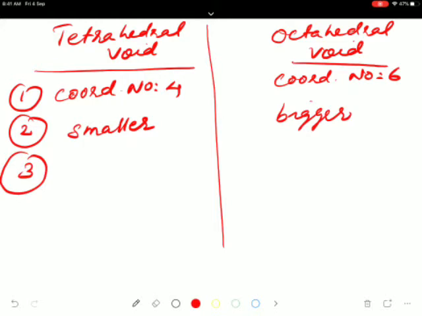Number 3, radius ratio r upon R. For octahedral void we have found out r upon R is equal to 0.414, but here r upon R is equal to 0.225. This is the radius ratio.